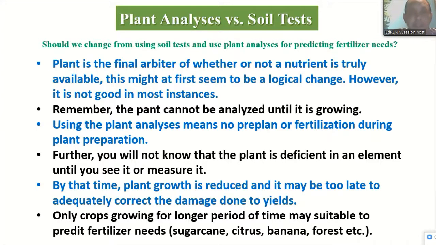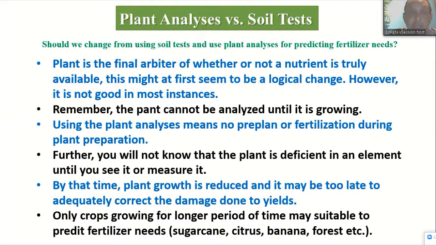In some cases, plant analysis gives the actual result after analyzing the plant.